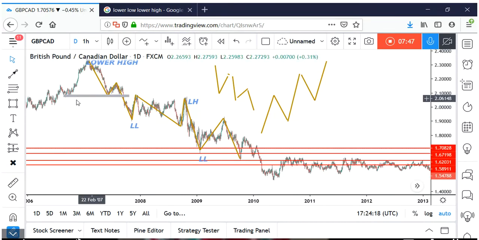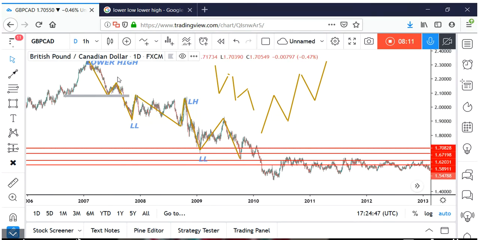If you see this, can you see how this became a support? Can you see it reached the previous low and then went back up? So this candle broke the previous low. So this is our new lower low, not this one, because it didn't break below this. So this is our new lower low, and then we made a lower high here, and then a new lower low, lower high, lower low, lower high.